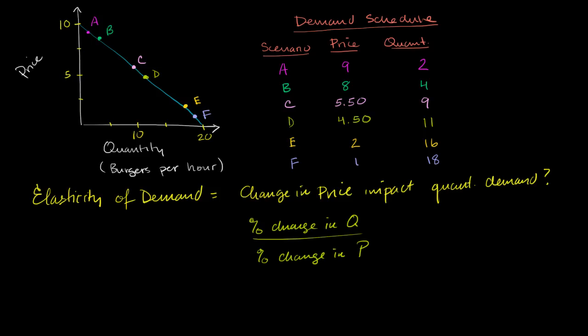And the reason why I like to think it's called elasticity is I imagine something elastic, like a rubber band. Let's say this one is inelastic. If you pull it, you're not going to be able to pull it much.